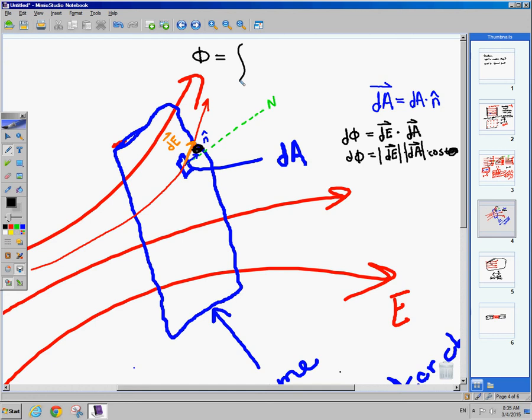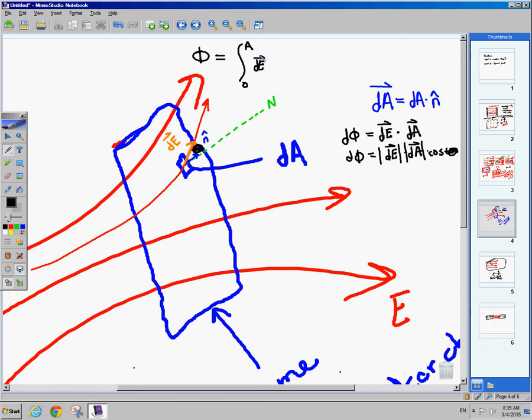Sometimes integrals over an area are written as a double integral, because like the integral over x and the integral over y. But you don't have to write it as a double integral. It's just the integral over the whole area of the handkerchief of the electric field.